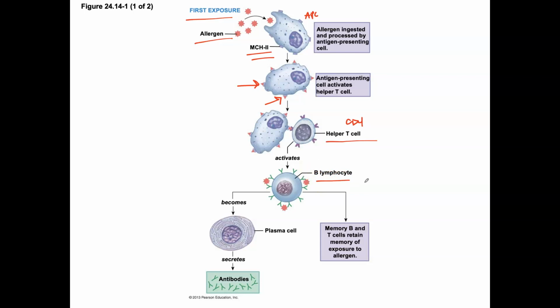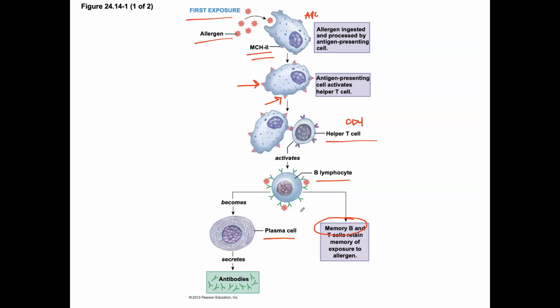So T helper cells are activating B lymphocytes, and those B lymphocytes can go on to produce antibodies against the allergen. So the B lymphocytes are going to differentiate into plasma cells, but you're also going to get memory cells as well, so that in the future, this reaction is going to occur again.